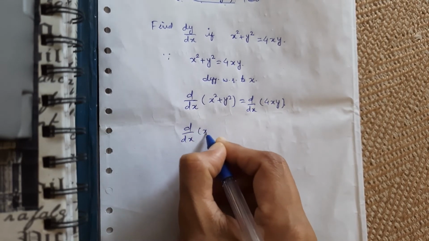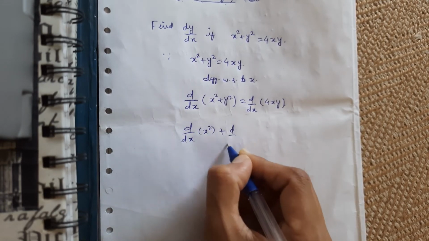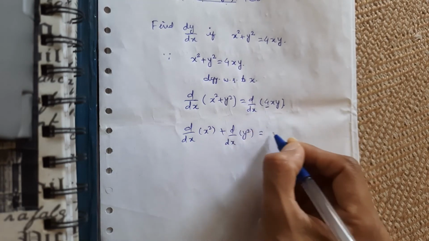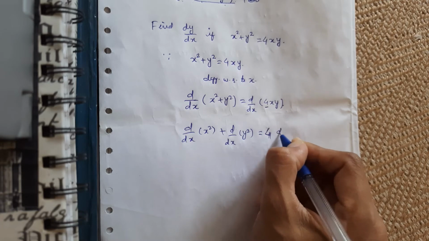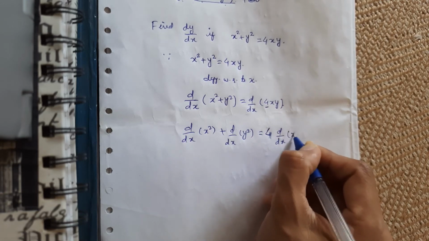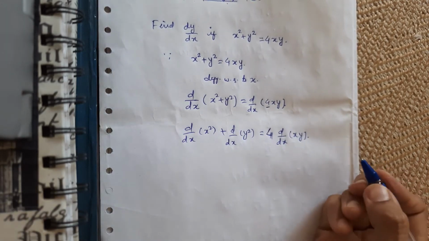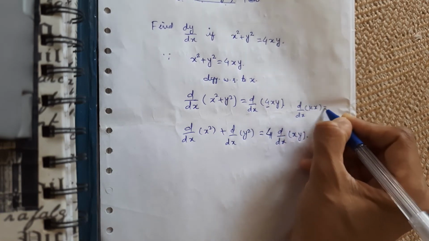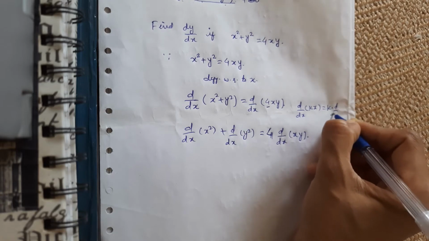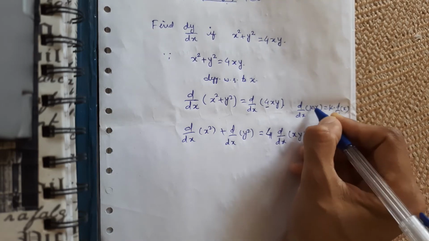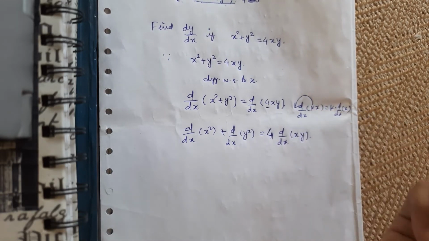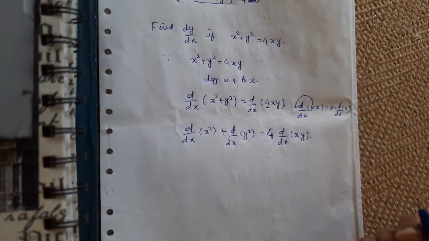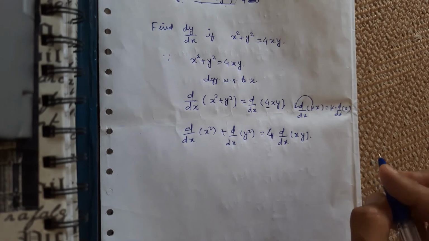We know that x square plus the derivative of y square equal to, this 4 is a constant, it will come outside, and the derivative of x into y. We have seen that the derivative of k into x is equal to k into the derivative of x. A constant term always comes out of the operator. The operator does not operate on constant terms when it is in multiplication. Okay, always remember.